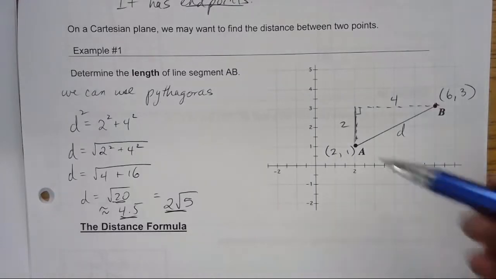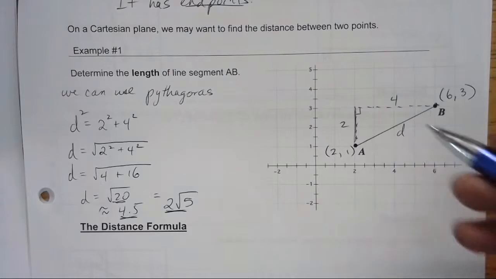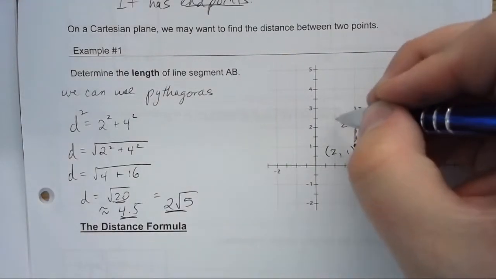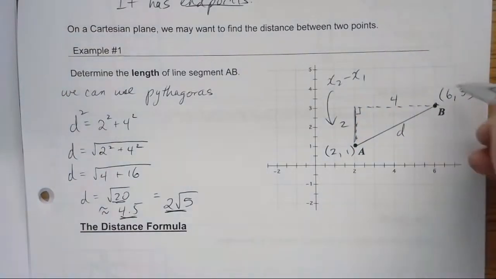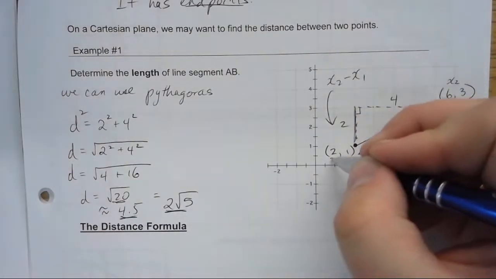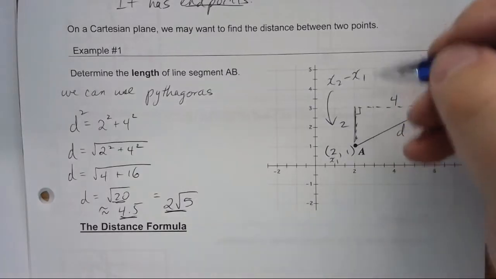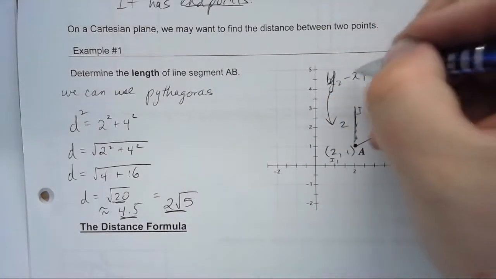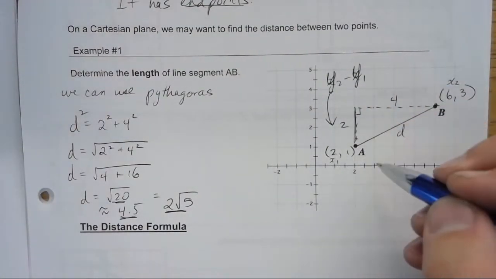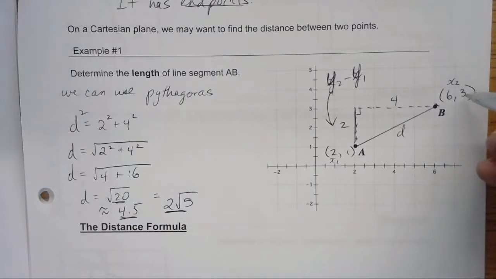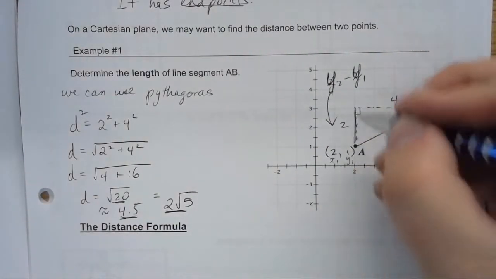Well, I could figure out that this distance was 2 because this distance here, this 2, is really the result of going x2 minus x1, if this is my x2 and this is my x1. Okay, oops, sorry, my bad. Those are the y's. Whoops. Right, this height here is the second y coordinate minus the first y coordinate, 3 minus 1. That's where this 2 comes from.